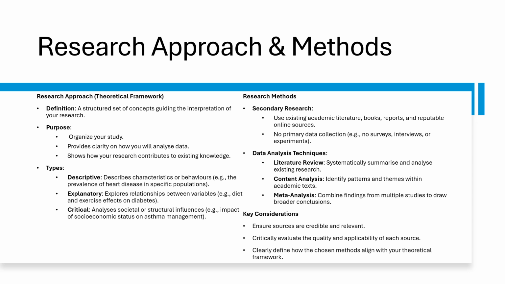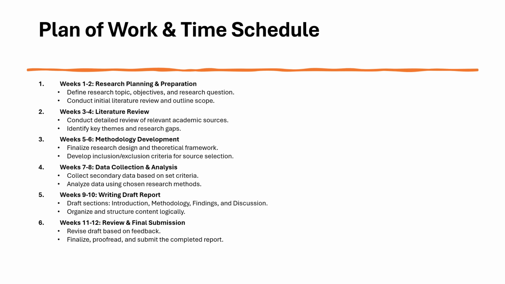The key consideration is to ensure sources are credible and relevant, and to critically evaluate the quality and applicability of each source. Clarity defines how the chosen methods align with your theoretical framework.